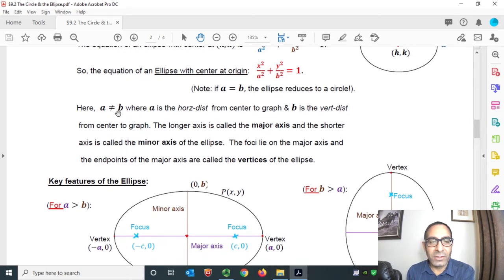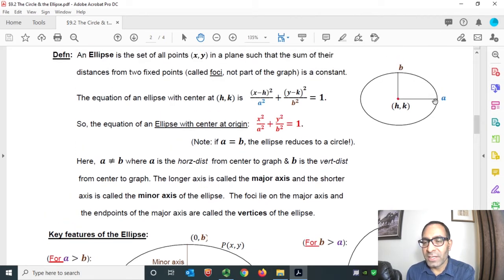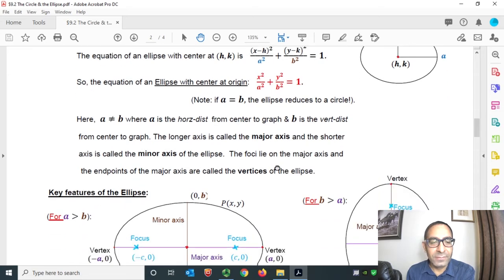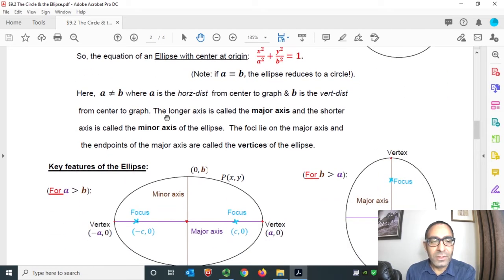If a is not equal to b, where a is the horizontal distance from the center to the graph and b is the vertical distance from the center to the graph, this is the a distance, this is the b distance. The longer axis is called the major axis and the shorter axis is called the minor axis of the ellipse.